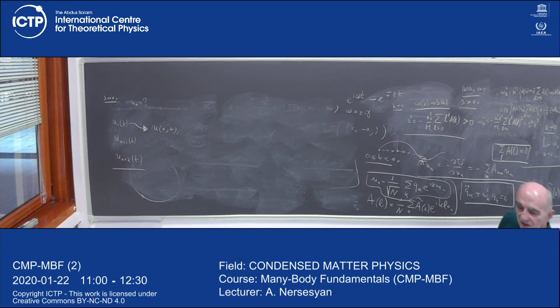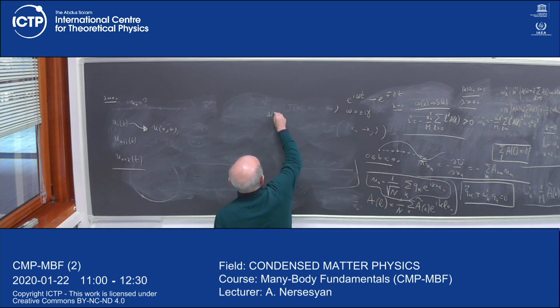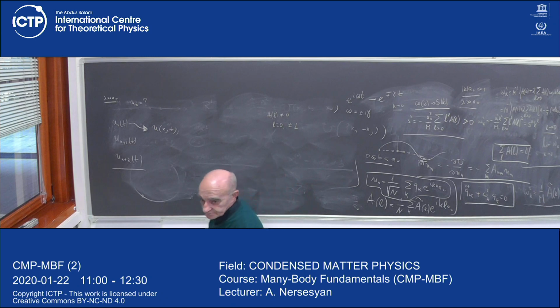Working with the most general dynamical matrix is a kind of editing, if you wish. We have shown something in very general terms, but for practical purposes, it's sufficient to consider as simple a model as possible. In other words, imagine that A of L is non-zero only for L equal to 0 and plus minus 1. So the coupling between the atoms doesn't spread over distances longer than the interatomic distances.